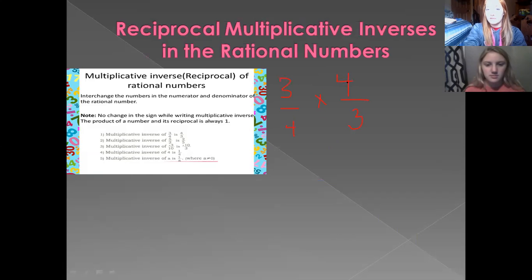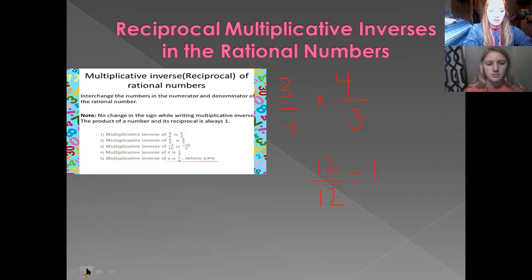So 3 times 4 is 12, and then, of course, 4 times 3 is 12. And that would simplify down to 1. Well, when you multiply anything by its reciprocal, which is what we're talking about, it will always give you 1. Always.